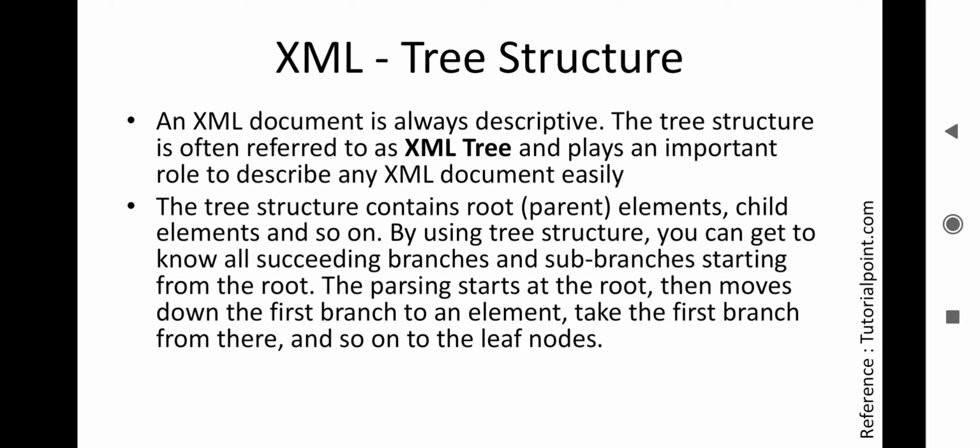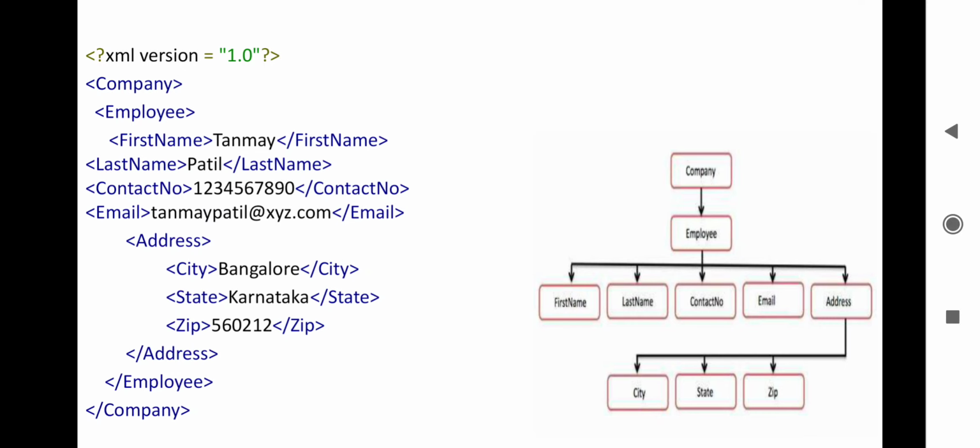As we know the real-life tree, the same concept we are using in XML. Parsing starts at the root, then moves down to the first branch to an element, takes the first branch from there, and so on to the leaf node. See here, this is a tree structure. Company, then employee, then different elements.